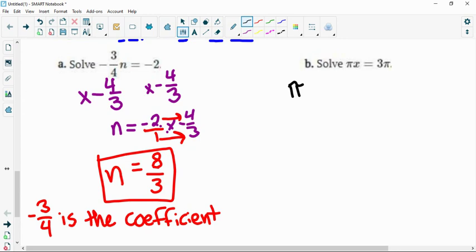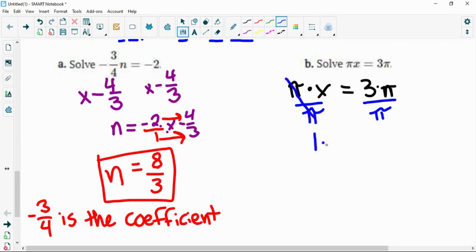Pi is just a number, and that number is being multiplied to x. So in order for us to solve the equation, we must then divide by pi. We use the fraction bar to show that division, which is a style choice. You don't always have to do that.